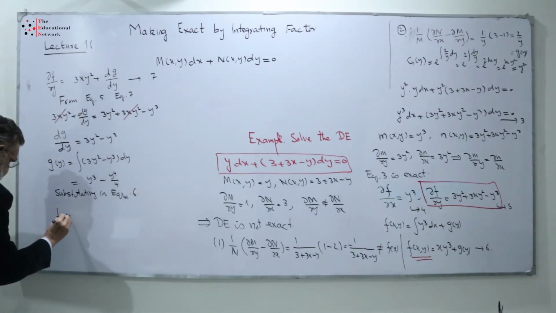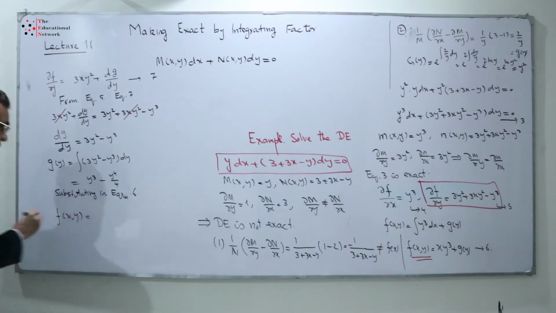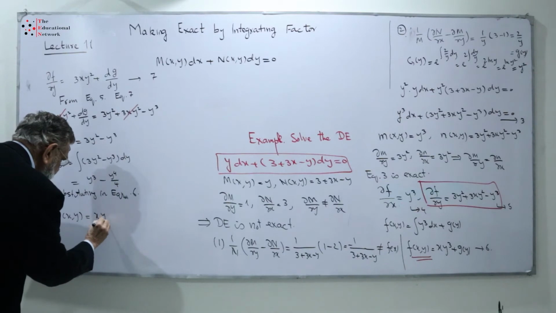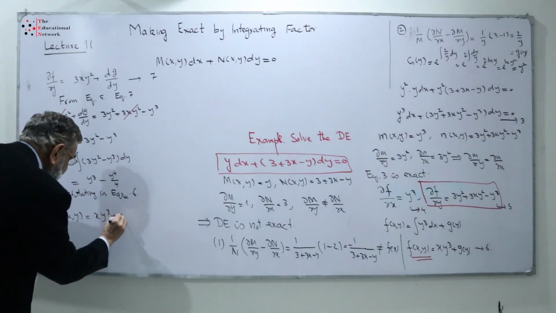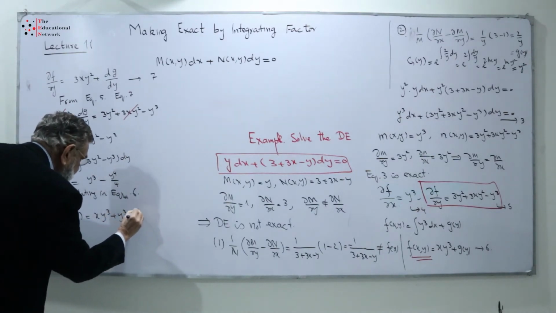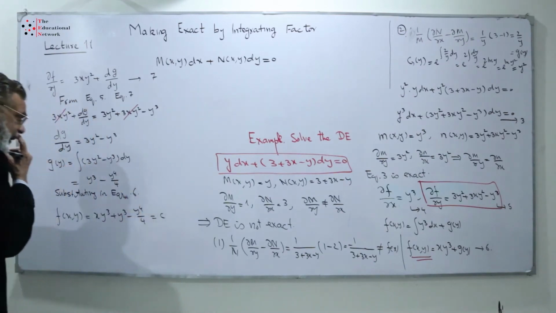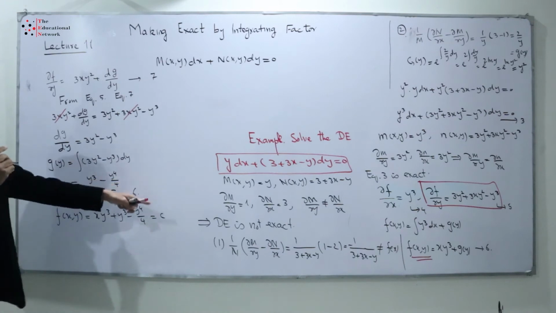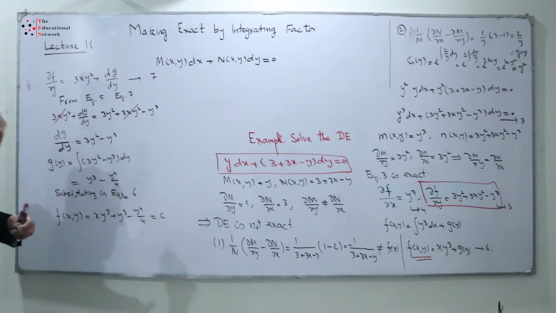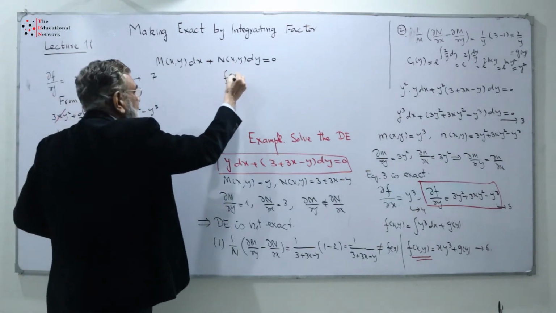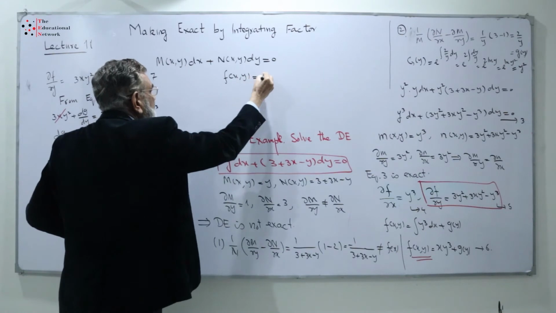We get f(x,y) is equal to xy cube plus y cube minus y to power 4 by 4, and here I write this equal to a constant. If I write C1, again I put a constant, then we combine this one as we did in the exact equation form. We know the solution of this one is df, and f(x,y) is equal to C is its solution.